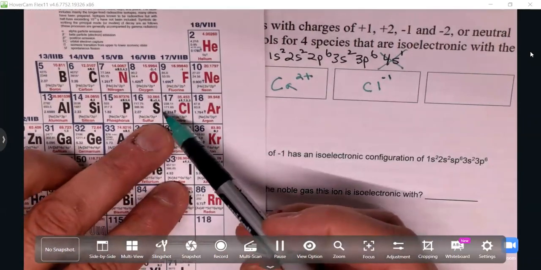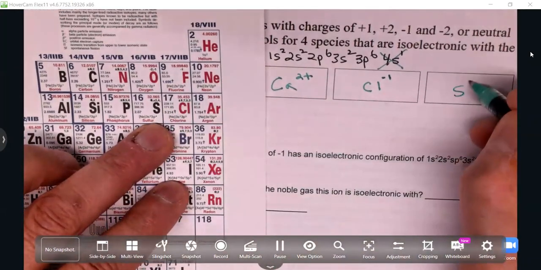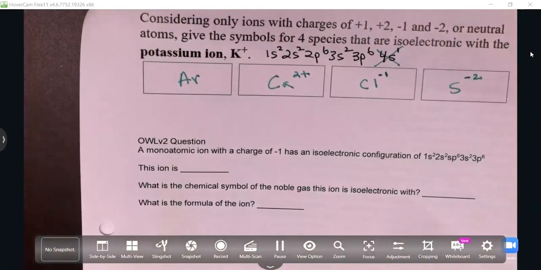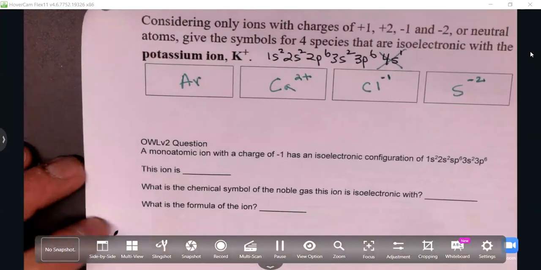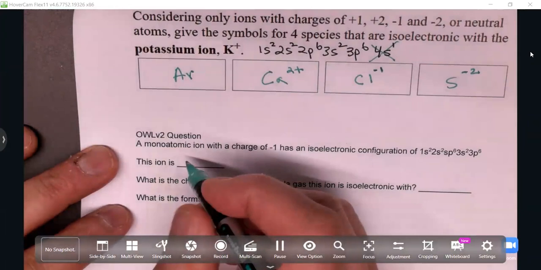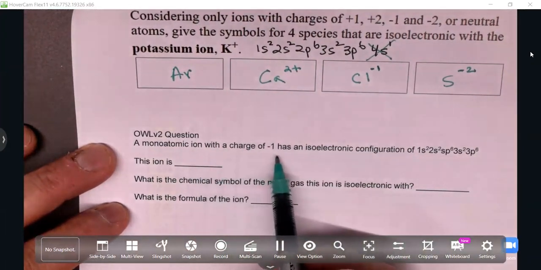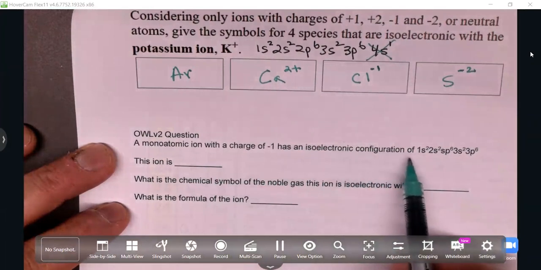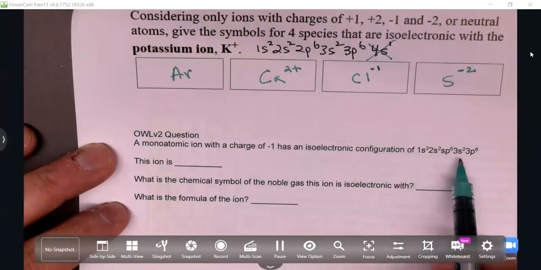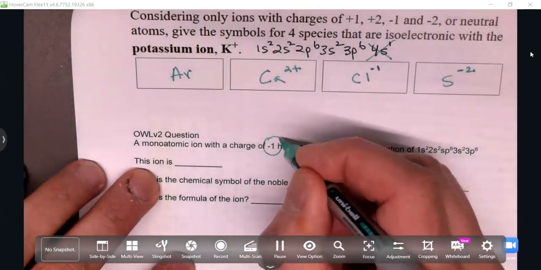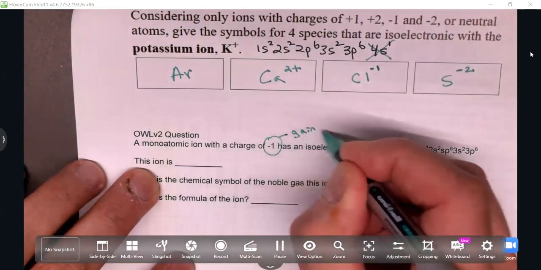And if sulfur gains 2 electrons. All right, let's finish this up. The monatomic ion with a charge of -1 has an isoelectronic configuration of 1s2, 2s2, 2p6, 3s2, 3p6. It is going to gain 1 electron.